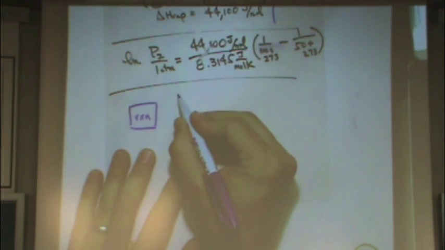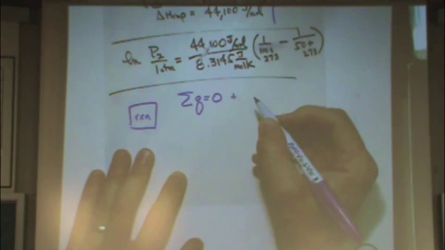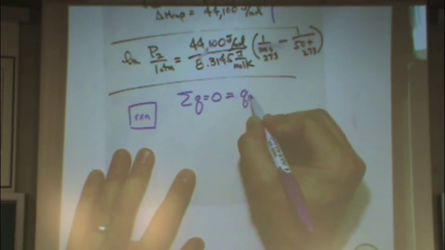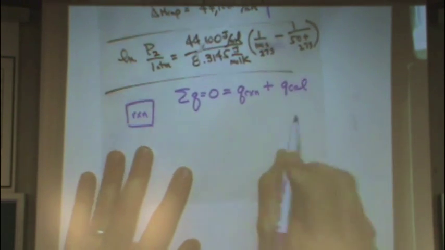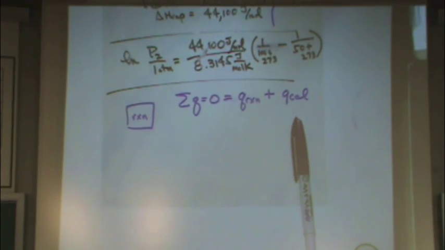And so the typical setup is the sum of the Q's equals 0, and there's 2 Q's. There's a Q for the reaction, and there's a Q for the calorimeter. So whenever there's a reaction, there's a Q. So that's how you know the first Q exists. And then whenever something changes temperature, that has its own Q.